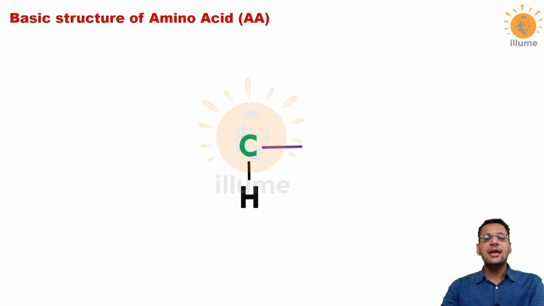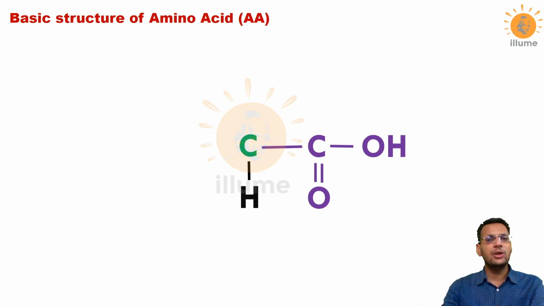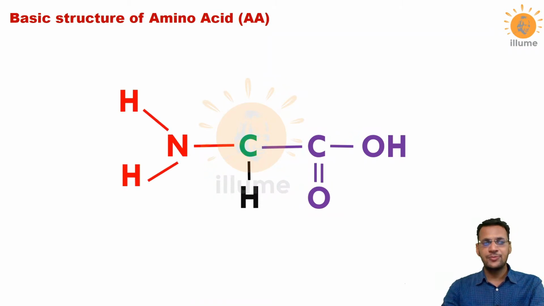The next one is occupied by a C double bond OH group, that means a carboxylic acid group, which is common in all amino acids. The next valency is occupied by an NH2 group, that is an amine group. So a hydrogen, a carboxylic acid group, and an NH2 group are common to all the amino acids.